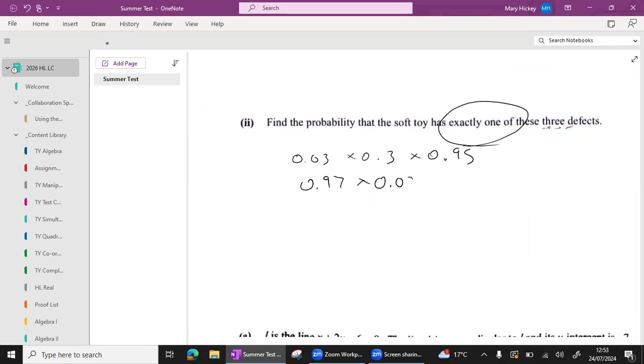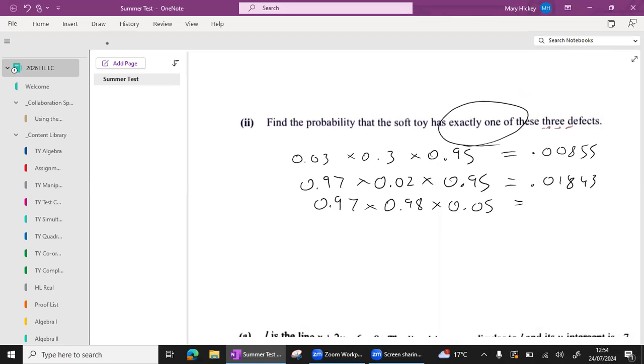And when I'm done multiplying across the branch, then I add down the tree. So my three answers are these when we put them into the calculator. And adding them all up, this is what I get as my final answer. So I just add up those three branches. Okay, and that's that one done.